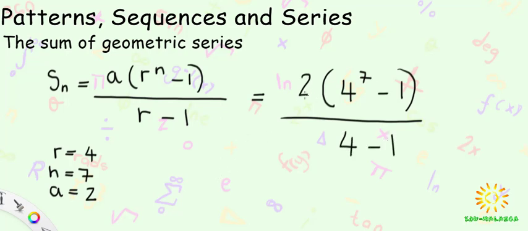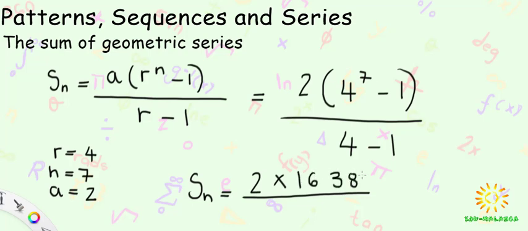If we simplify this, we'll simplify what's in the brackets first. We have Sn is equal to 2 times 4 to the power of 7 minus 1. Again, use your calculator to determine that. That's equal to 16,383, all divided by 4 minus 1, which is equal to 3.